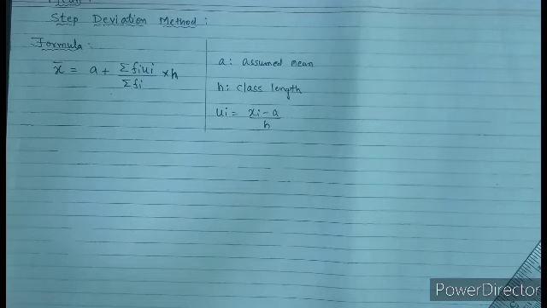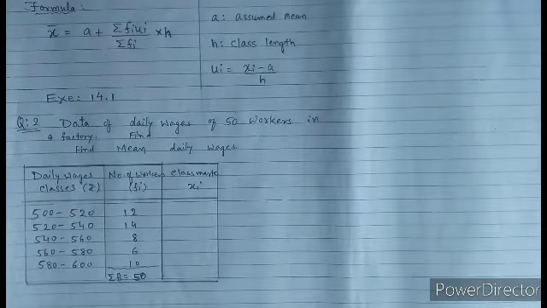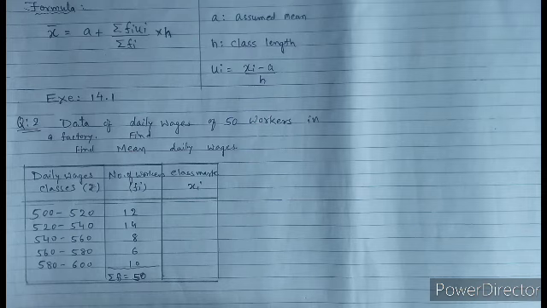Let us take a question from exercise 14.1. So here is the question from exercise 14.1, question number 2. This is a well-known question for you. Here we have data of daily wages of 50 workers in a factory, and we have to find mean daily wages using step deviation method.